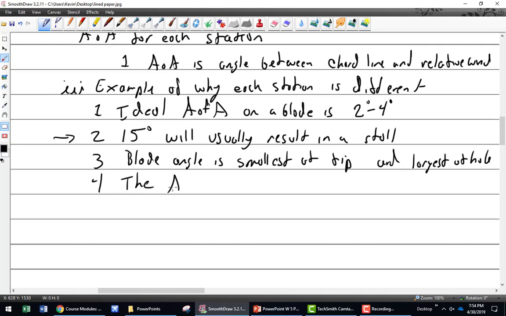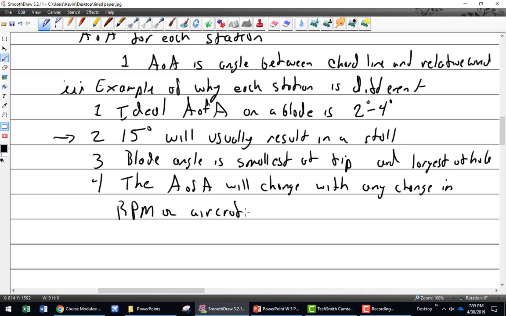The angle of attack will change with any change in, can you guess? RPM or forward velocity. I'll put aircraft speed, so I don't have to spell forward velocity.